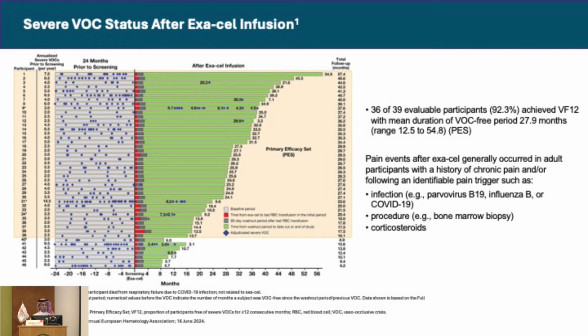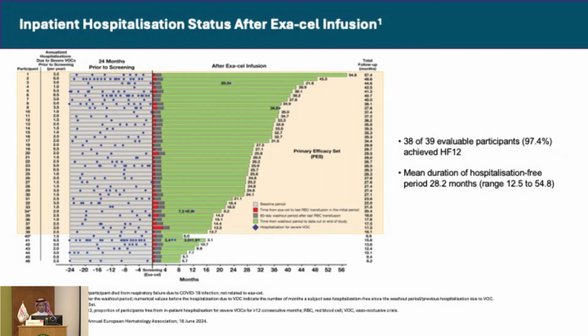The blue diamonds here are patients who developed either infections or patients who had chronic pain who come to get some opioids and leave because of their chronic pain. One patient had a bone marrow procedure and developed a painful episode. So these are the complications that were seen, and unfortunately one of the patients developed COVID and died following engraftment.